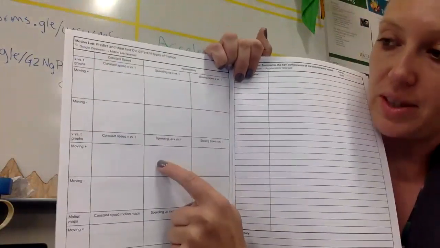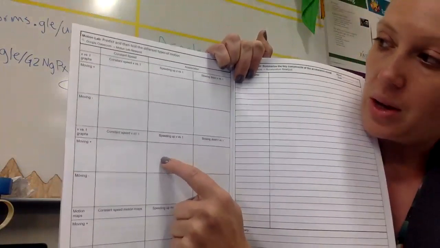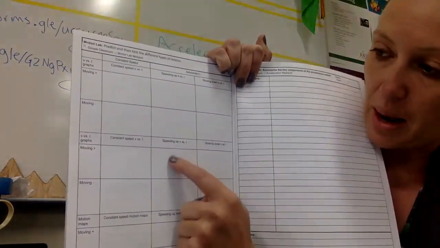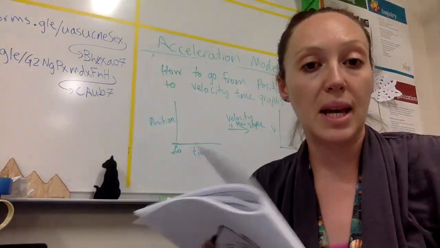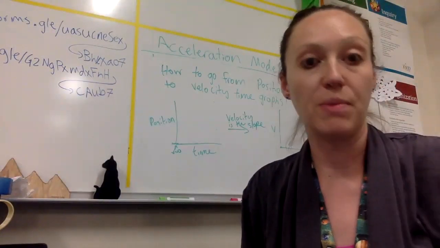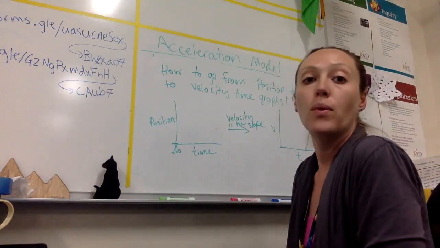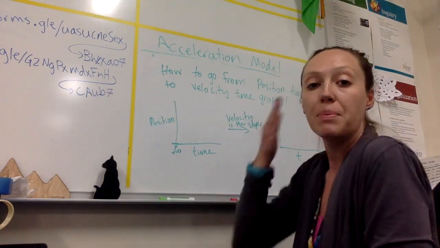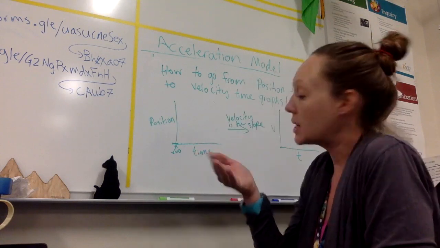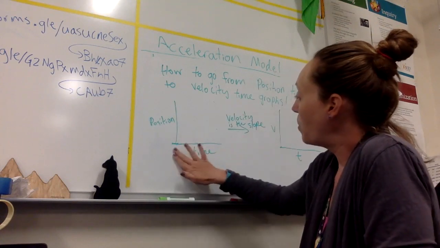And then velocity versus time, speeding up, moving positive, slowing down, moving positive. So hopefully you guys can see that this is a grid. And I want you guys to predict what all of those different types of motion are going to look like.